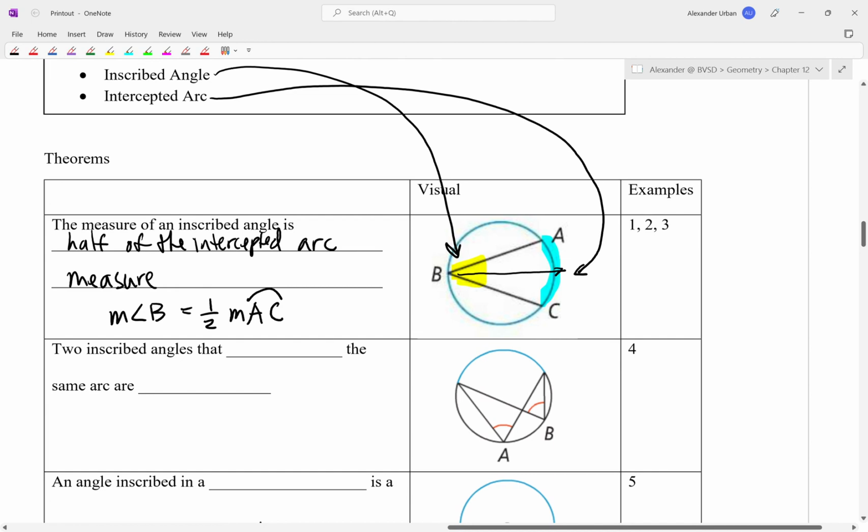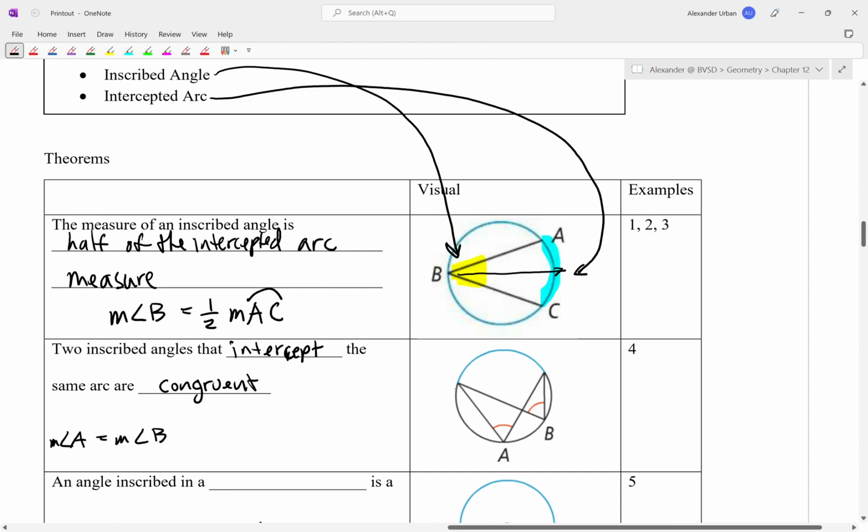So the two inscribed angles that intercept the same arc are going to be congruent. So this means the measure of angle A is the same as the measure of angle B.